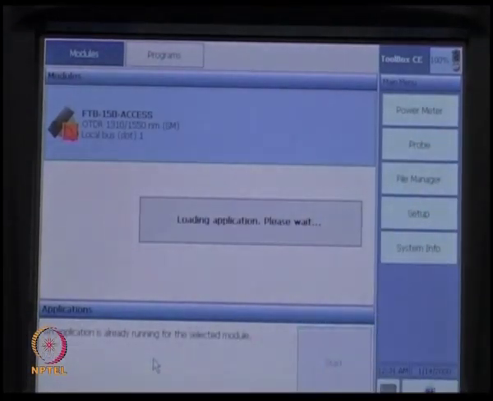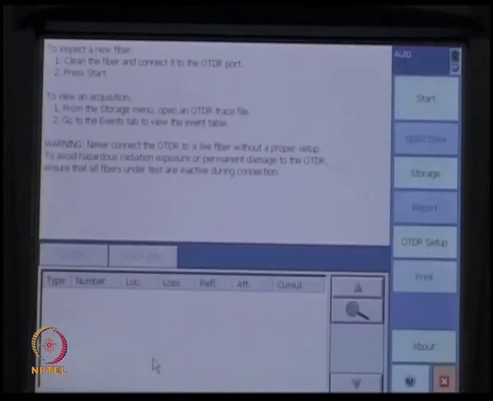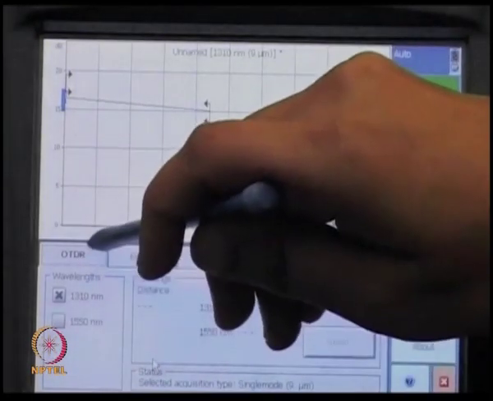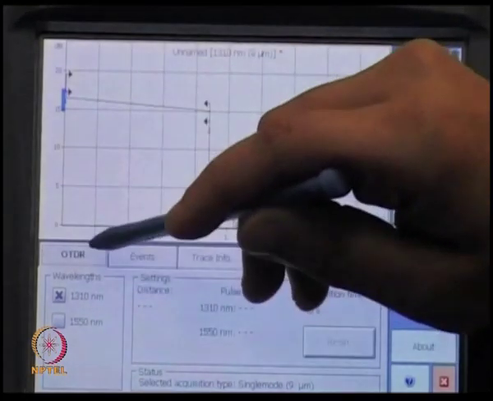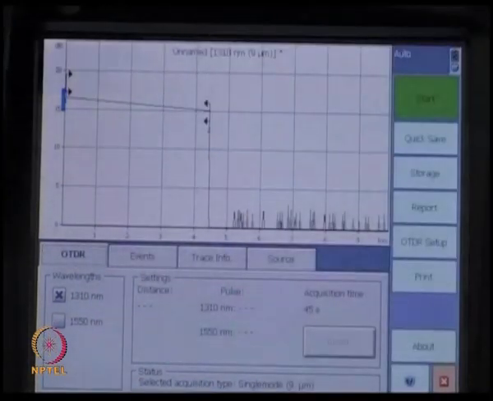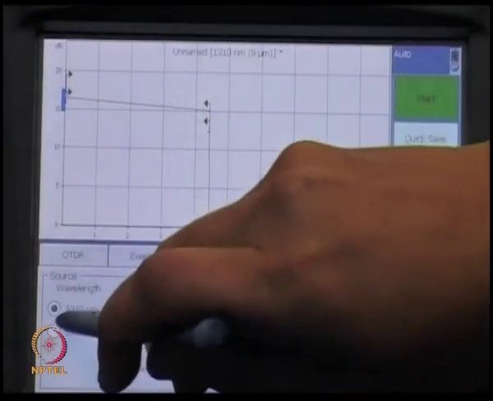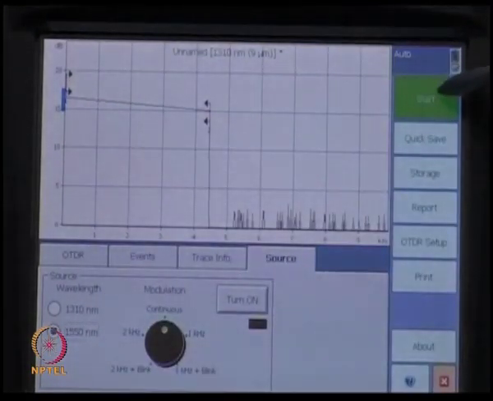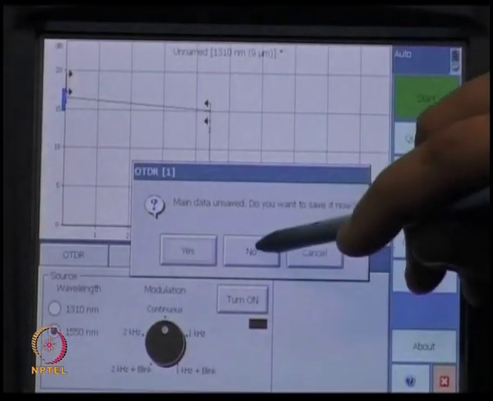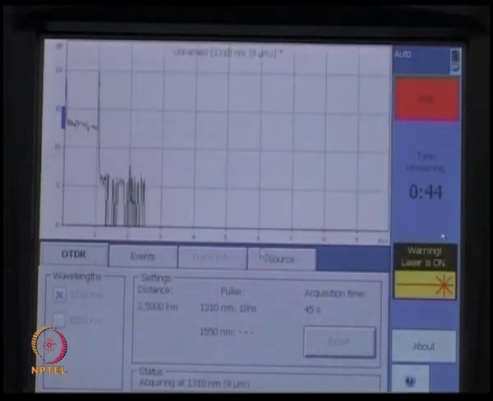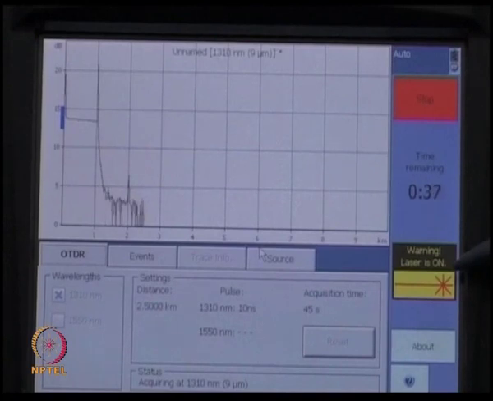Go to OTDR mode. Let us do the experiment now on 1550 nanometer. The laser is on now. Data is acquired.